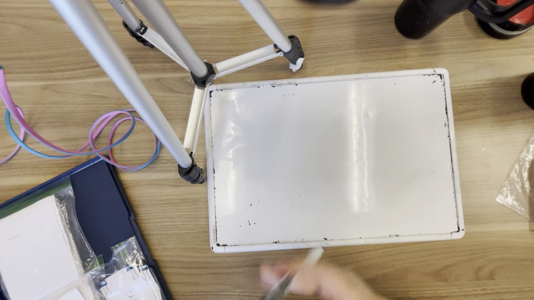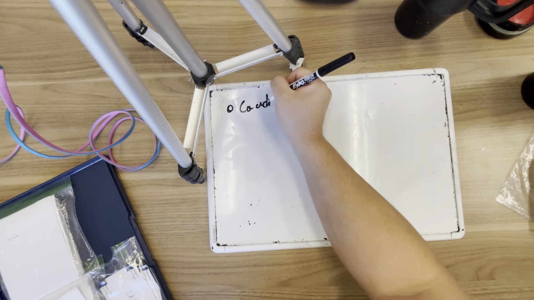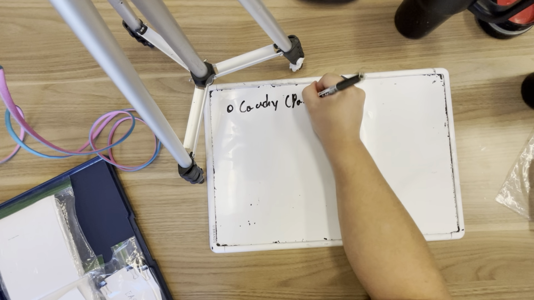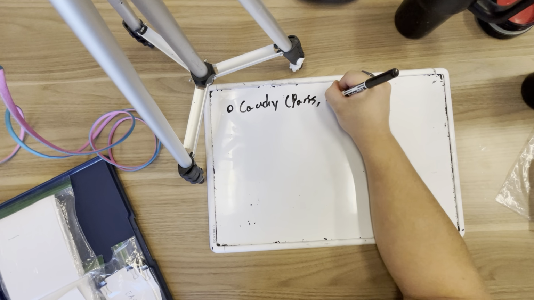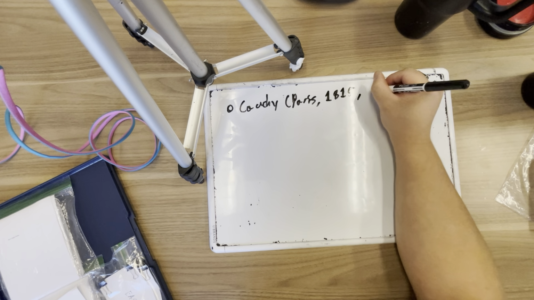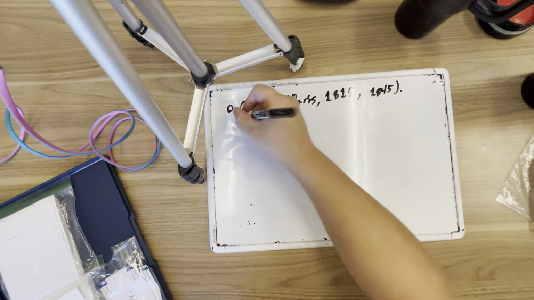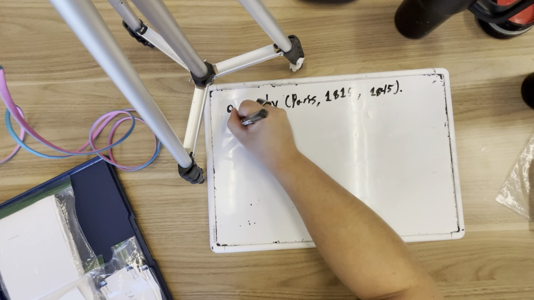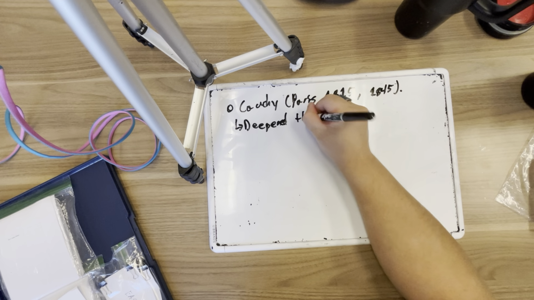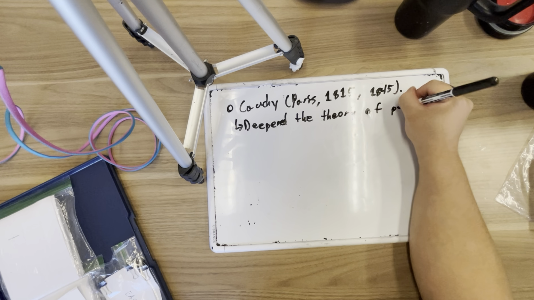All right. So Cauchy, roughly the time where post-revolutionary, Napoleonic France was really still dominant, deepened the theory of permutations.